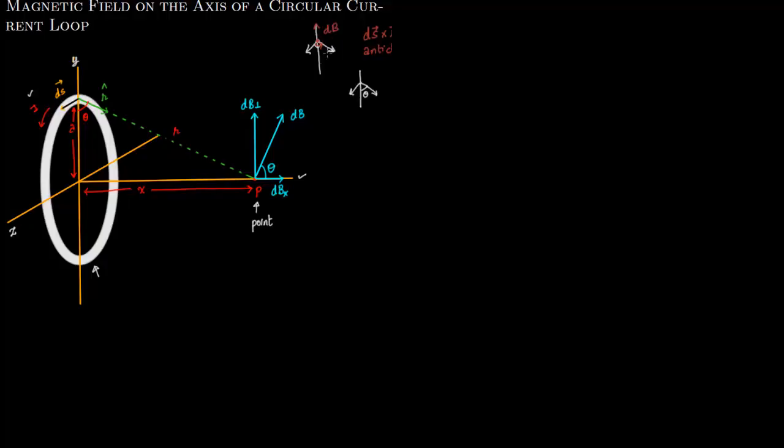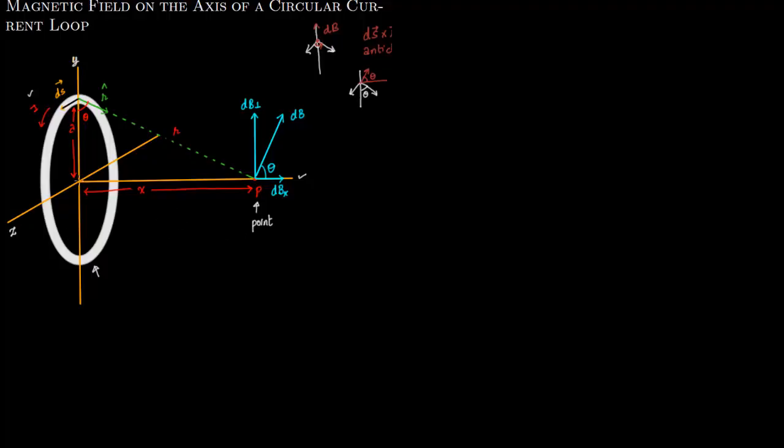So dB vector is pointing upwards. But once you tilt r vector, then the dB vector will also get tilted. It is still perpendicular to both ds vector and r vector, but now it makes an angle theta with the horizontal. So at point P, the dB vector makes an angle theta with the horizontal axis. So this dB vector has two components, dBx and dB perpendicular.